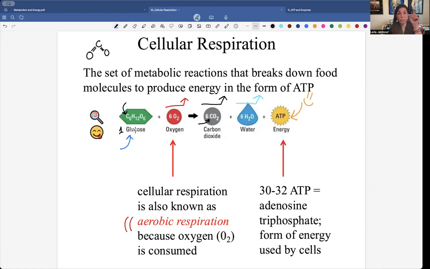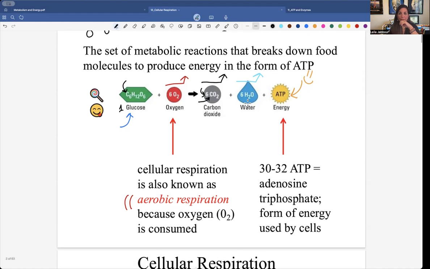Well, 1 glucose molecule, because it has 6 carbons, is actually going to generate 6 molecules of CO2. So you see this number 6 here ahead of CO2. That's to represent how many CO2 molecules we are generating. So if you notice, every single one of these atoms is accounted for on the other side of the equation. All right.